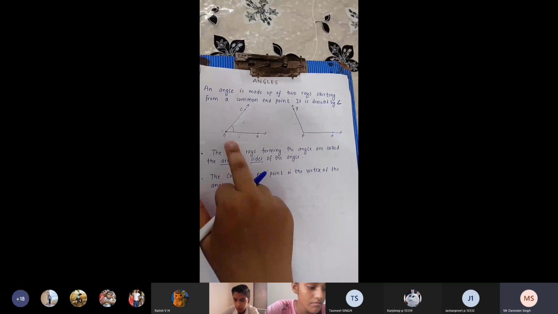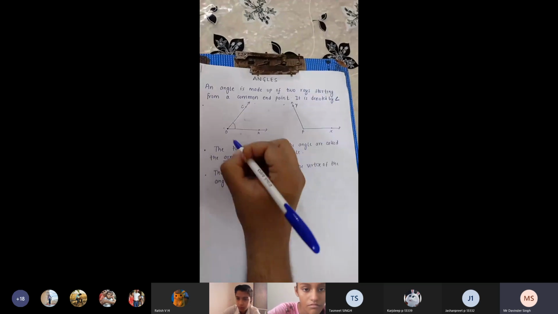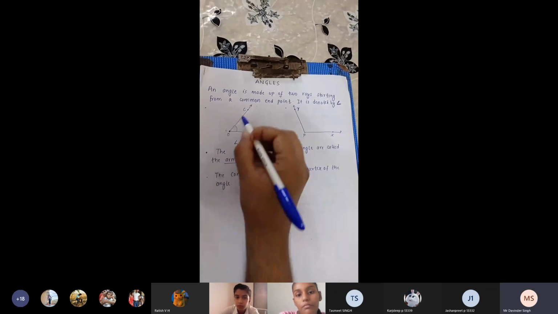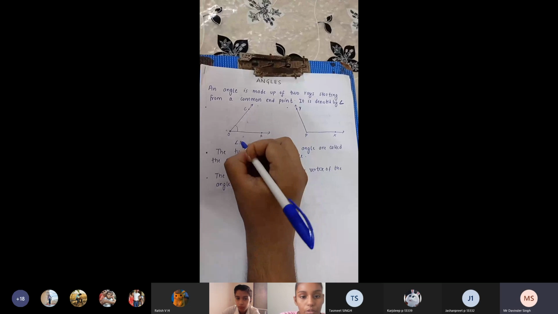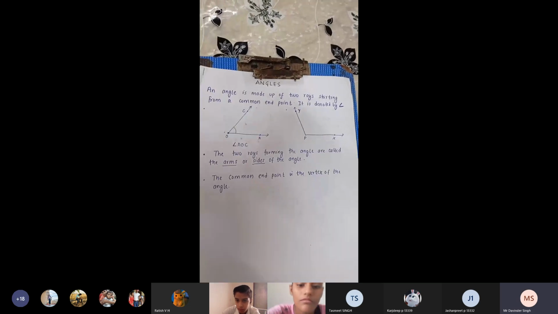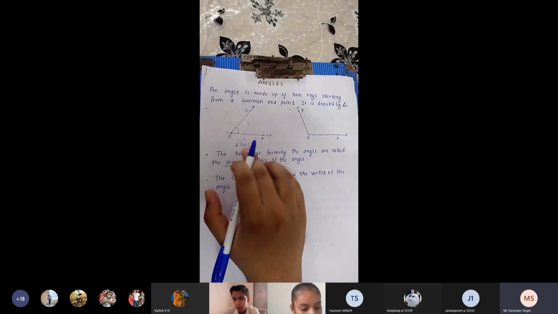So these are the angles. So how can I name this angle? I will put a sign of angle first. Then this angle will be AOC. We should always keep the vertex in between the two.